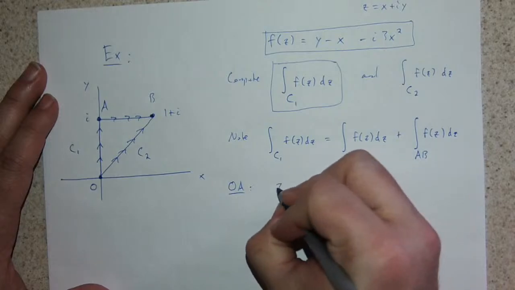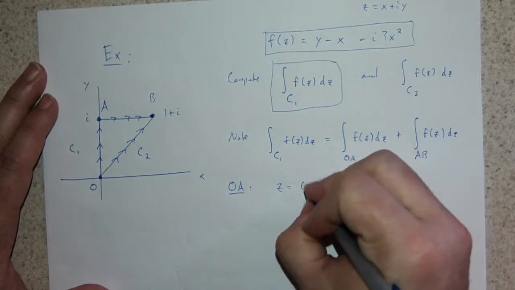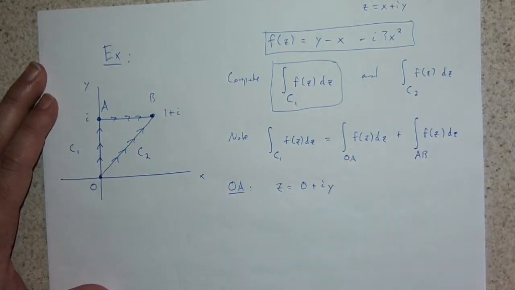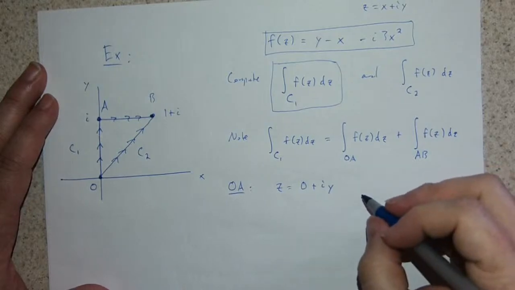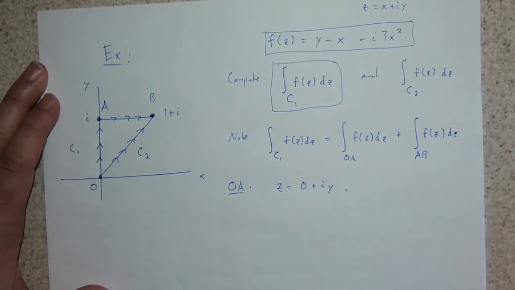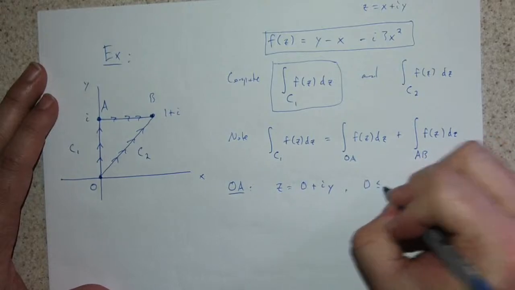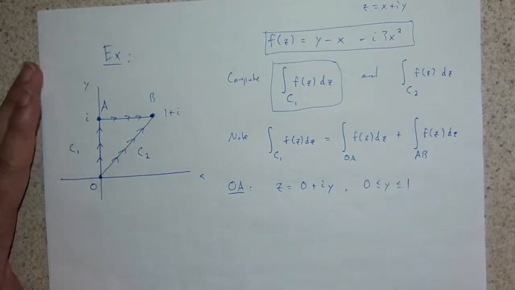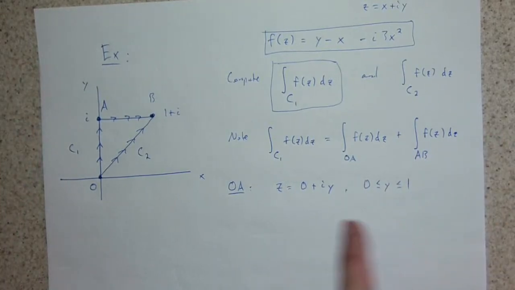And so the way of thinking about that in terms of z, this is 0 plus iy, okay, where my parameter y goes between 0 and 1. Right? So this is what I meant by viewing this thing parametrically, where I can actually use, in this case, y as my parameter, okay, describing that path.